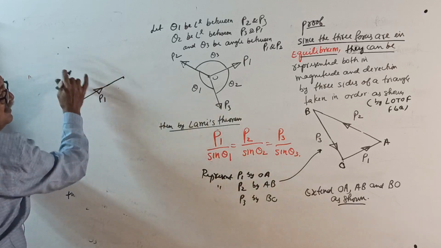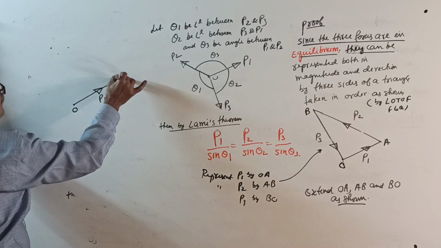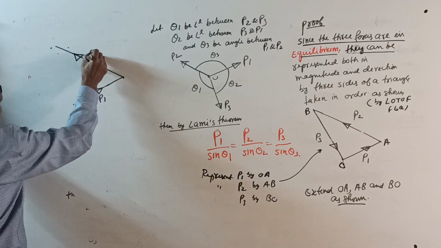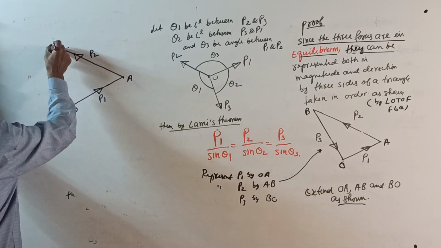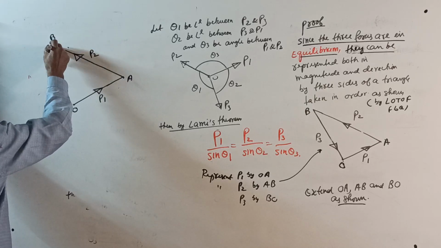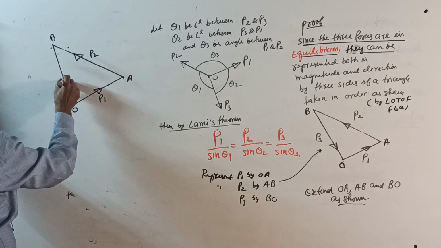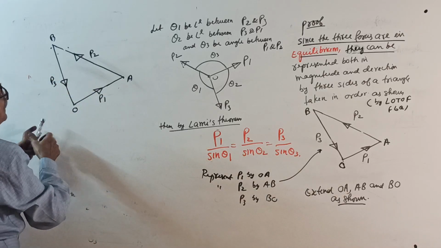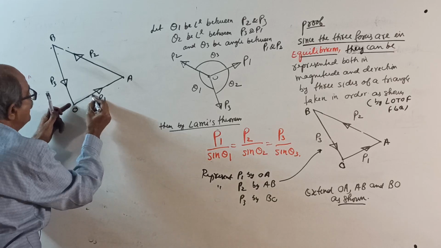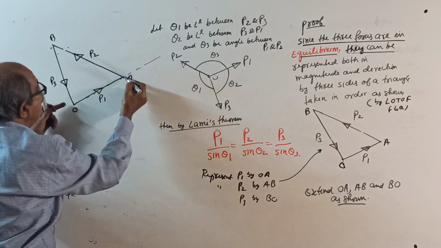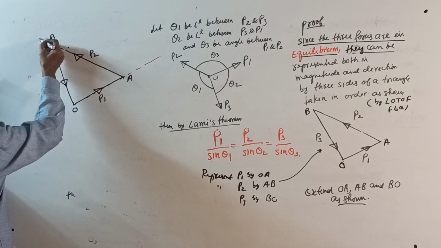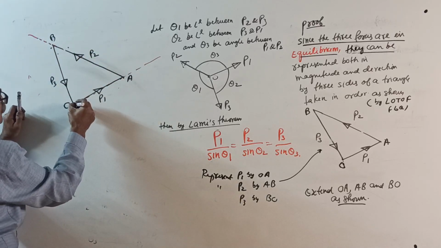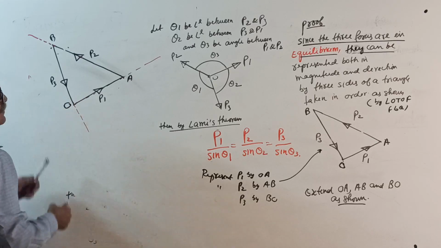Then this is somewhere here. P2 is represented by AB, and back here, P3 is represented this way. Now, see correctly, extend this line in the same order. Extend this line, extend this line, and extend this line. This is not 90 degrees. Now see correctly.